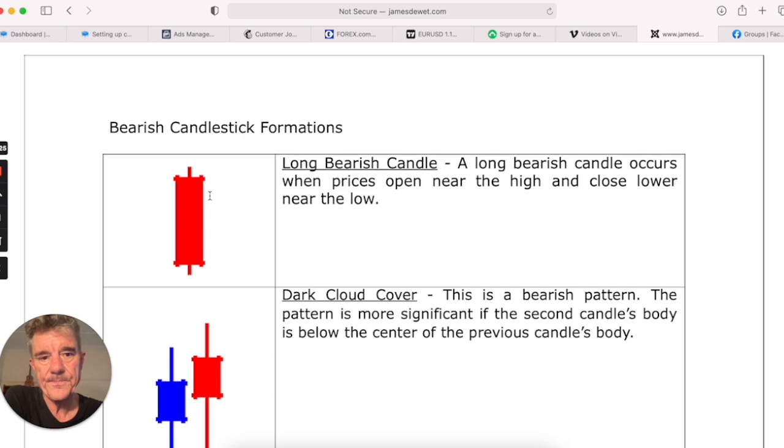Let me just read here. A long bearish candle occurs when the prices open near the high and close lower near the low. In other words, any candle really that has very tiny wicks, as in this case, and a long body often indicates that we may have a reversal on our hands.